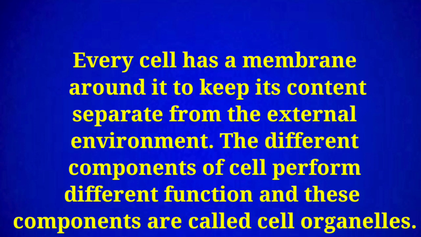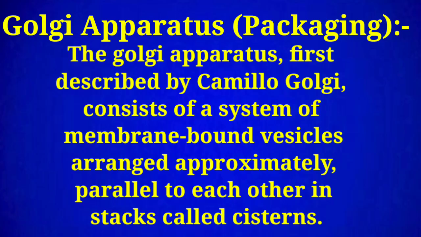Mitochondria, powerhouse, energy provider. Mitochondria are known as the powerhouse of the cell. The energy required for various chemical activities needed for life is released by mitochondria in the form of ATP. Adenosine triphosphate molecules. ATP is also known as the energy currency of the cell.